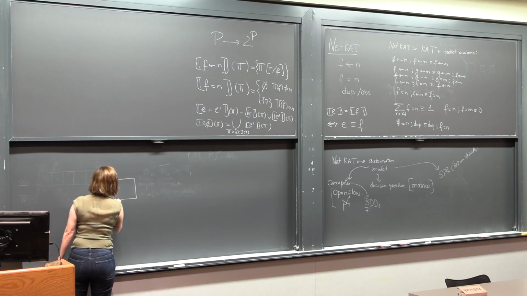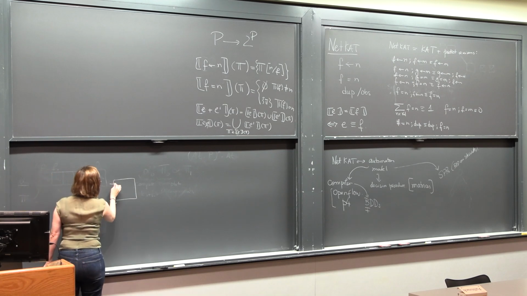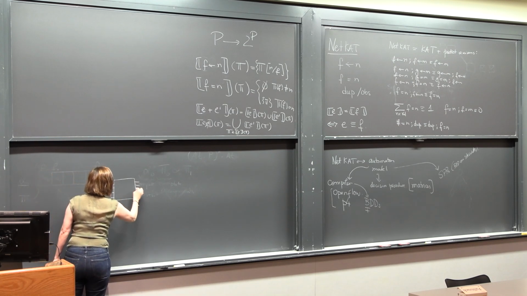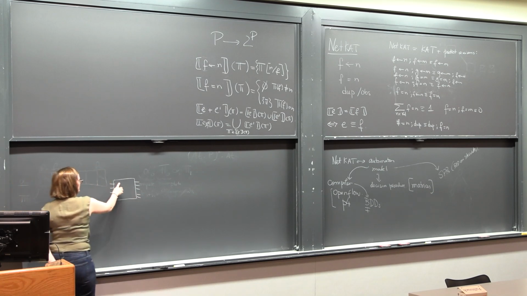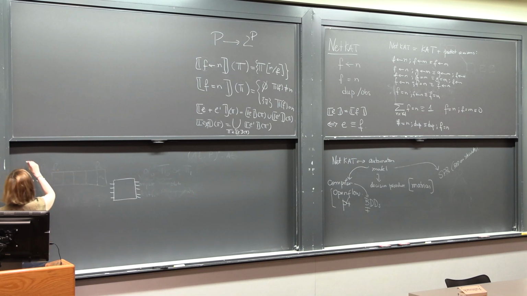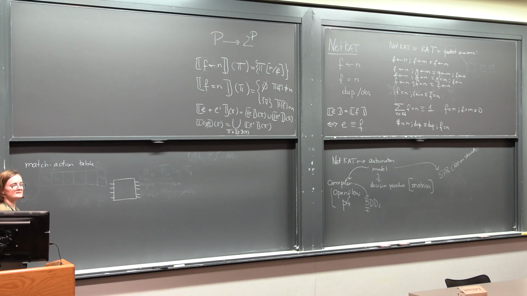I'm going to assume that there are these boxes. And these boxes can do what? They have ports coming in and out. And inside each of these boxes is what is called a match action table. You can think of a match action table as a big if-then-else.